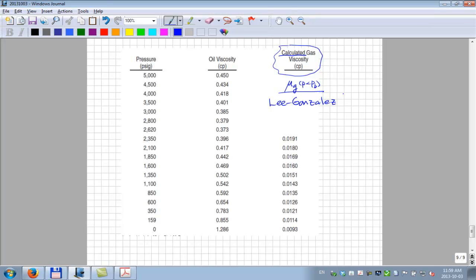There are many Lees out there. I'm not sure which one this is, but there was a famous thermodynamicist, Professor Lee at the University of Oklahoma. Maybe it was him, maybe it wasn't. But this correlation basically gives gas viscosity as a function of gas density and temperature. That correlation is in Chapter 3, if you're interested.